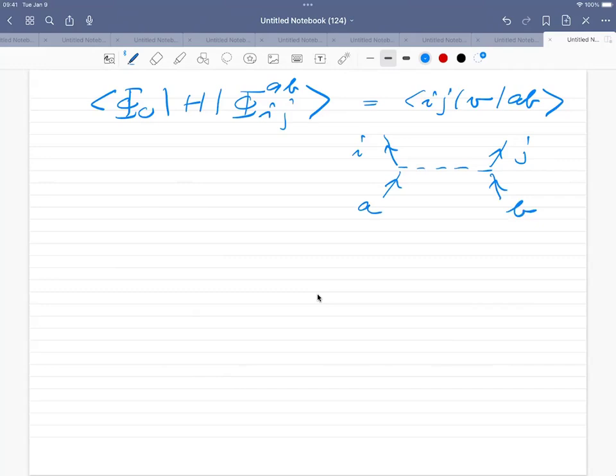And now I can bend this in terms of the particle-hole formalism. So this will be given by this term here. So I would have an A and an I, and then I would have a B and a J here.